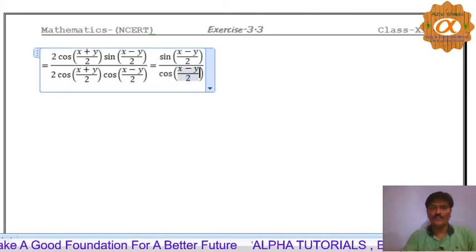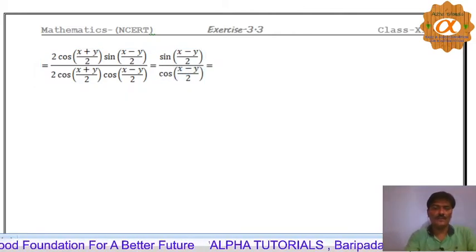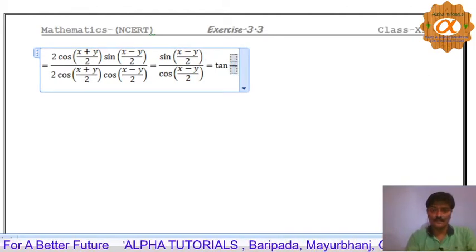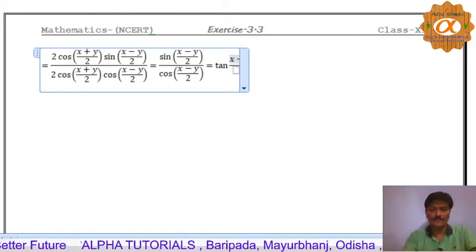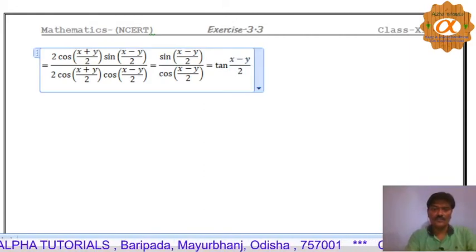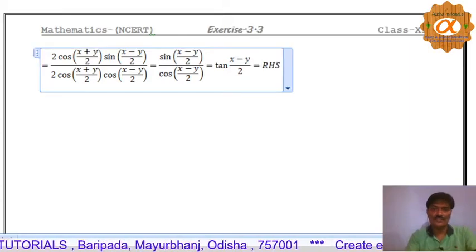And we know that sin a by cos a is equal to tan a. It becomes tan x minus y by 2, and this is our RHS. This is equal to RHS and proved.